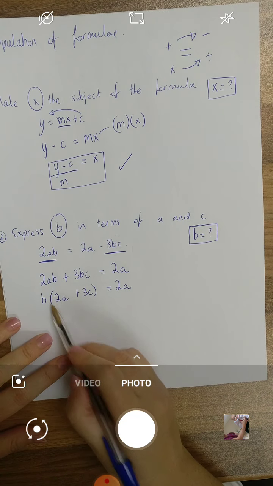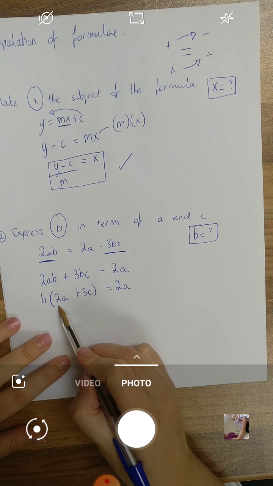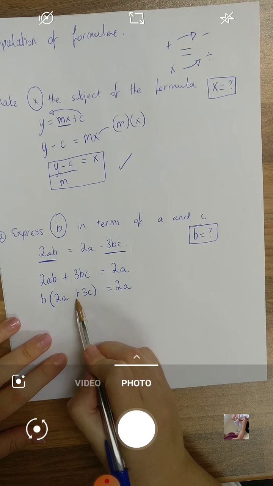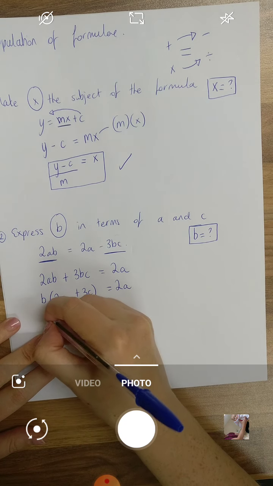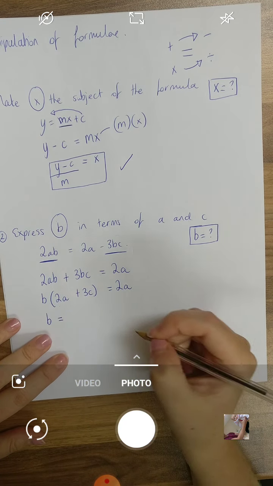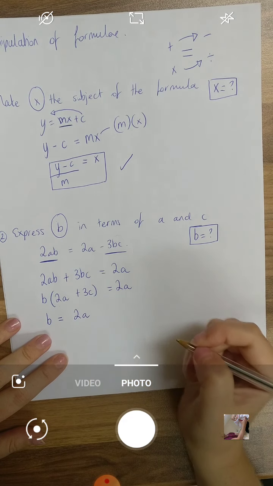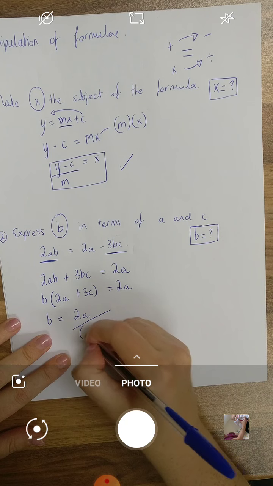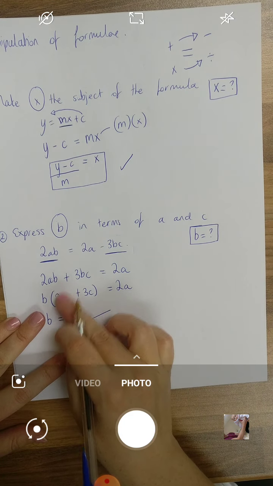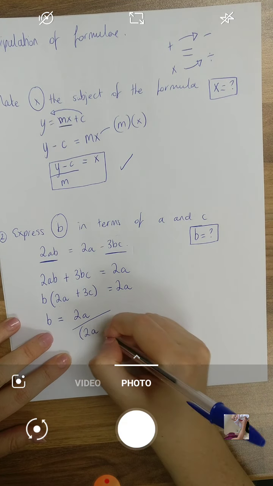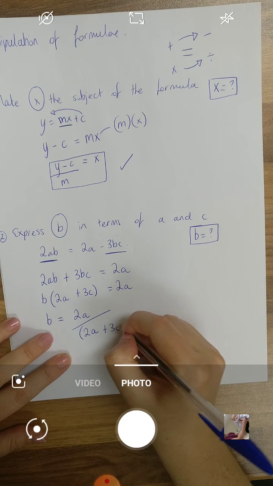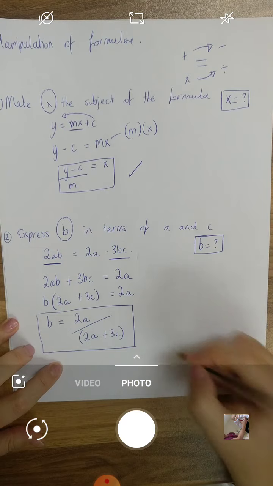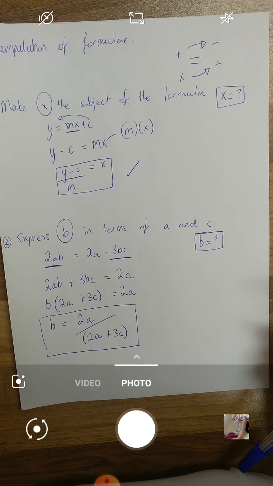Now remember, brackets are multiplication, and this is b multiplied by 2a plus 3c. So what we do here is leave b on its own. We had 2a on the right hand side, and we're going to put that over, because remember, multiplication, moving it over becomes division. 2a plus 3c. So we've b on its own and everything else on the right hand side.